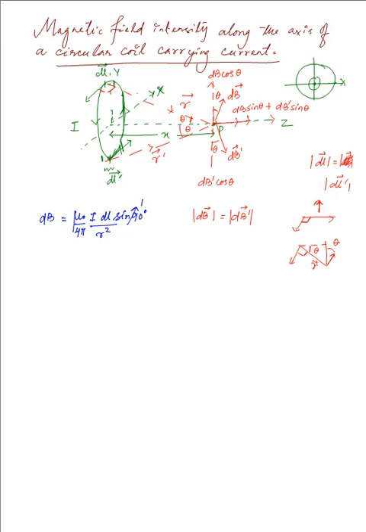And dB prime is also the same thing. We are concerned about the magnitude in this case, I dl, and again dl dash, as I said, is equal to dl over here. So this is also sine 90, and down there, r and r prime, obviously they are going to be the same, because the point P lies along the axis of the coil, so the distances are going to be the same.